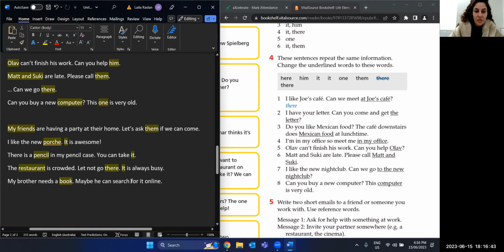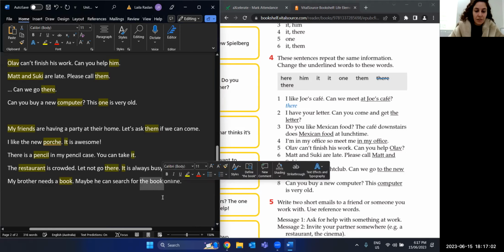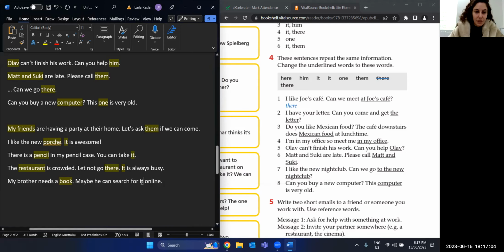So maybe he can search for it, the book, online. Yeah. So you must be able to replace this word with the same noun. And if you can, the book, and it makes sense, then it works. Maybe he can search for the book online. So, yep, good. We can put it because it replaces that word. Perfect.